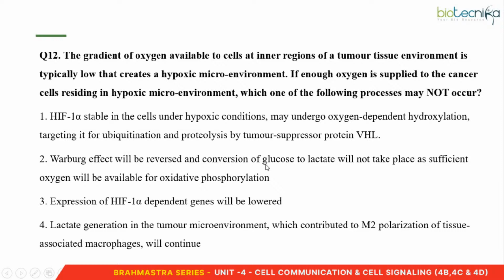The Warburg effect will be reversed and conversion of glucose to lactate will not take place. Expression of HIF1 alpha dependent genes will be lowered. Lactate generation in the tumor microenvironment, which contributes to M2 polarization of tumor associated macrophages, will continue. Identify the incorrect answer from here.